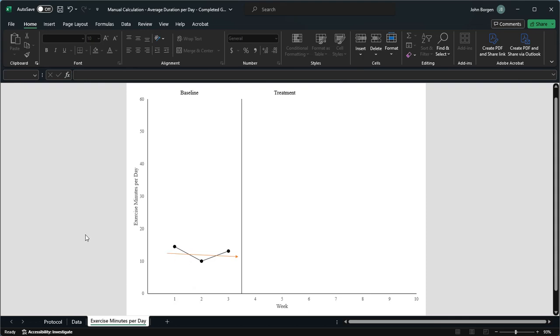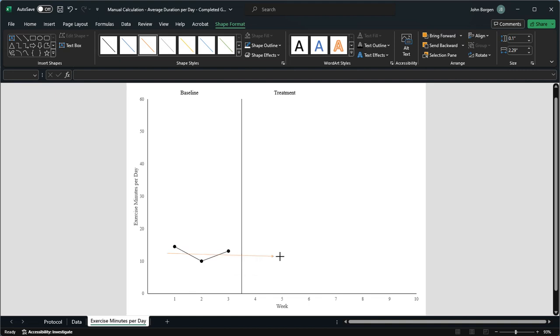We can be pretty confident that if we continued these baseline conditions, that the data would just kind of go off in this direction. That's the point of having at least 3 data points and looking for stability, for trend, and for variability. We want to be able to see where do we think this would go, and where we would predict this to go would be somewhere like this.